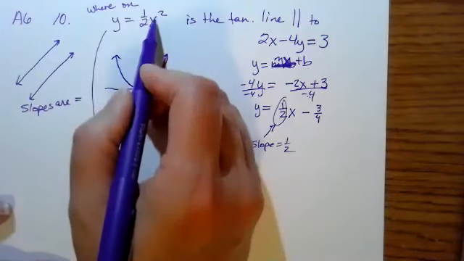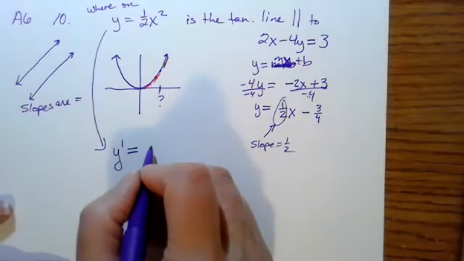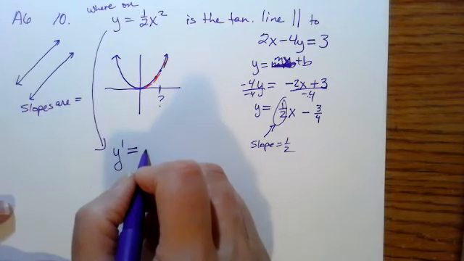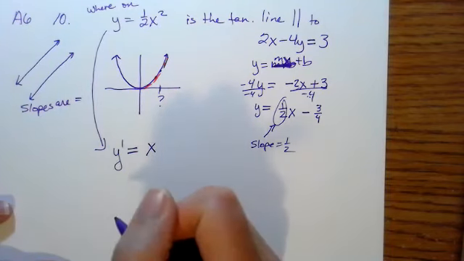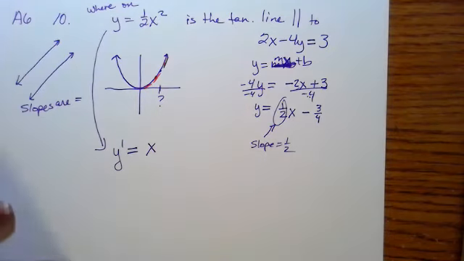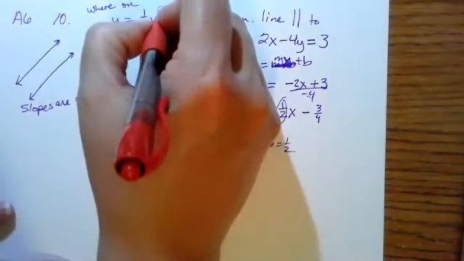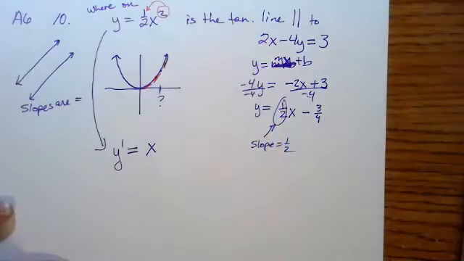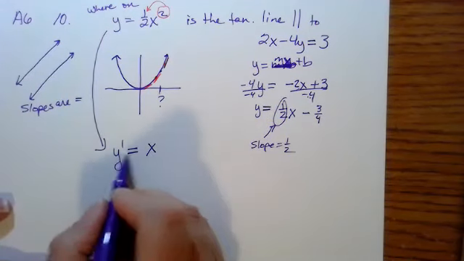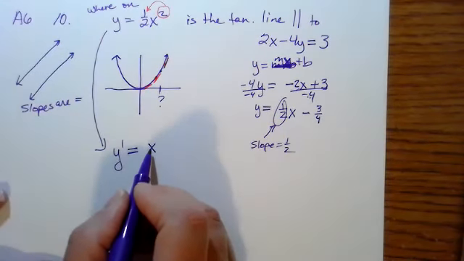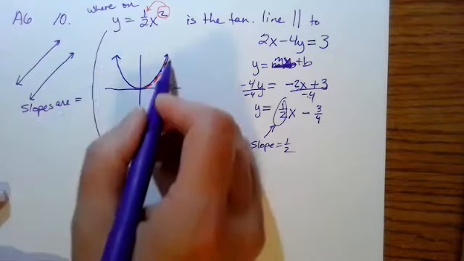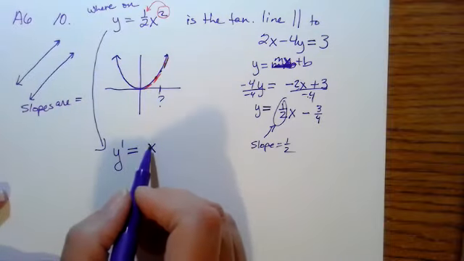What's the derivative? Colleague, what's the derivative of 1/2 x squared? Maybe x. Is she right, Haley? Yeah. I agree. Bring down the 2, drop the power by 1. Okay, y prime equals x is a formula for the derivative anywhere on the curve that you want.